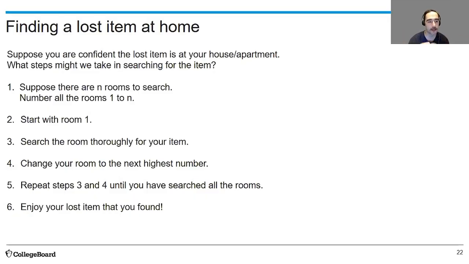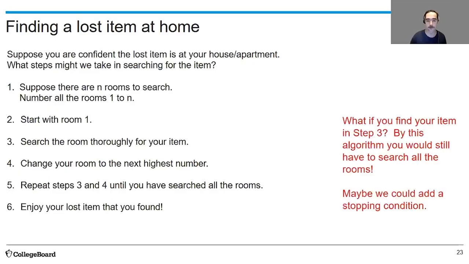But this algorithm has a small problem. What if, when you search the room, maybe even the first room you searched, you found the item? According to this algorithm, you would have to keep searching all the rooms, but you've already found your item.